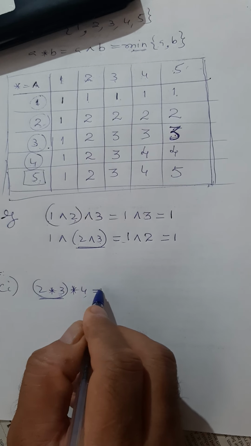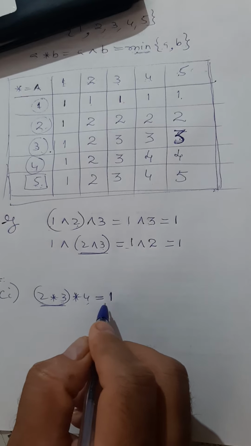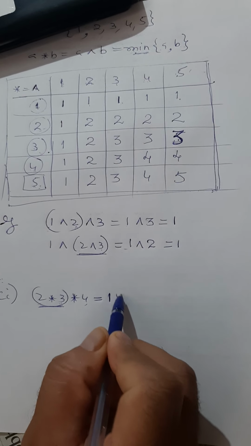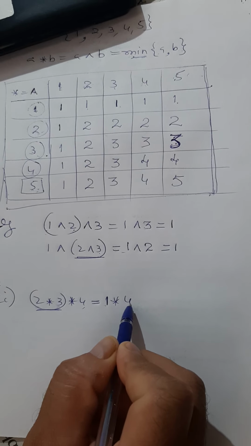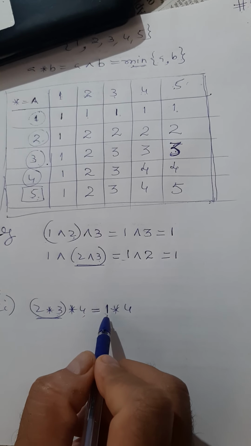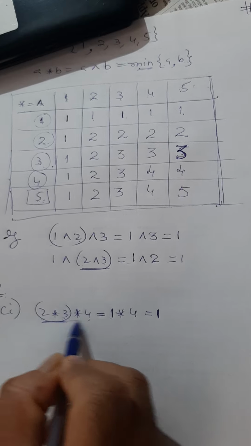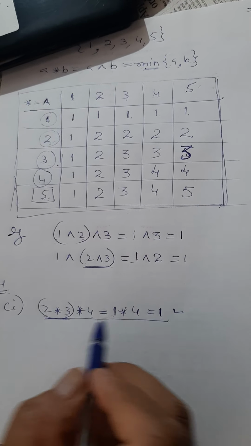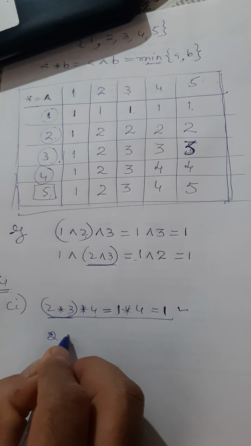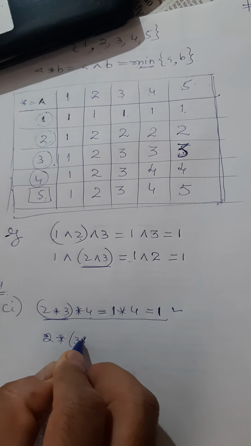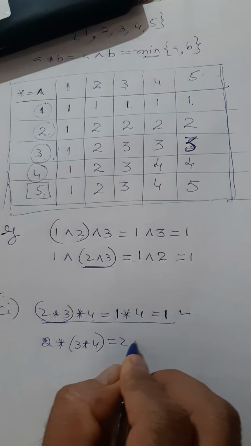So 2 asterisk 3, as I explained the table, is 1. The asterisk and 4 stay as they are. Now again go back to the table. 1 asterisk 4, the answer is 1. So the value of this expression is 1. One more you are asked: 2 asterisk 3 asterisk 4. 2 asterisk stays as it is.